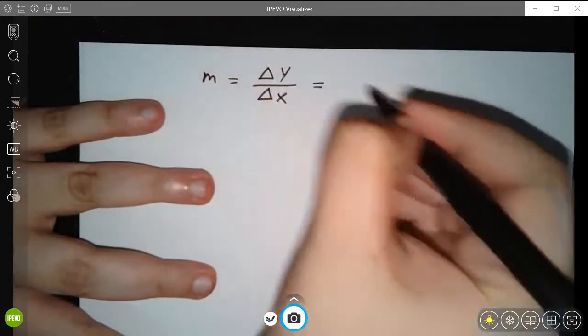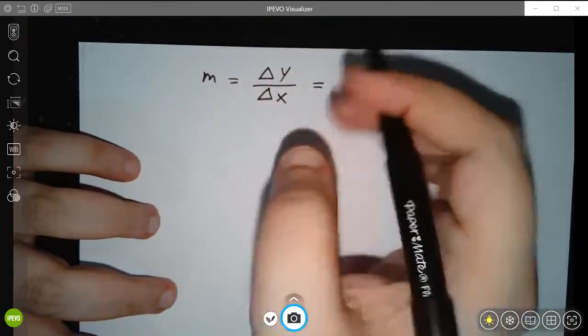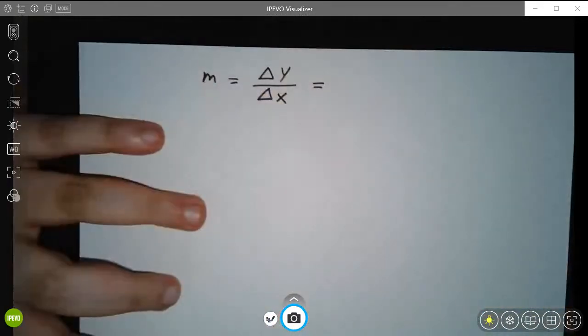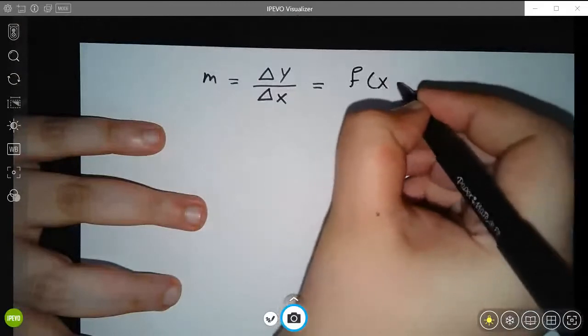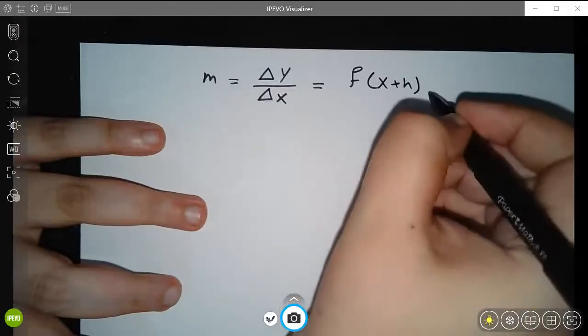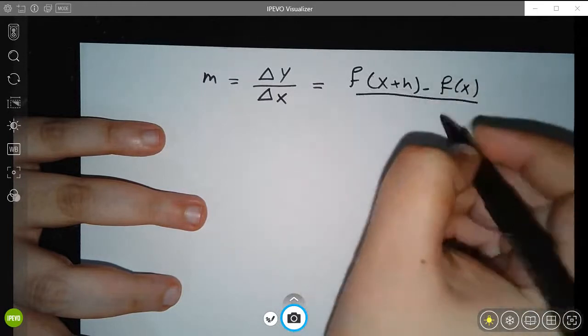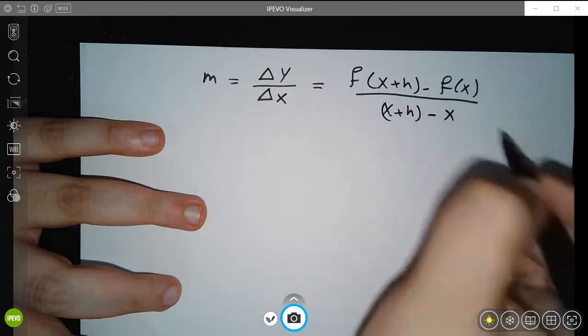Okay, so to do the difference quotient, you're going to draw on the same idea. Instead of it being y2 minus y1 over x2 minus x1, we're going to write it in the form of f of x plus h minus f of x over x plus h minus x.